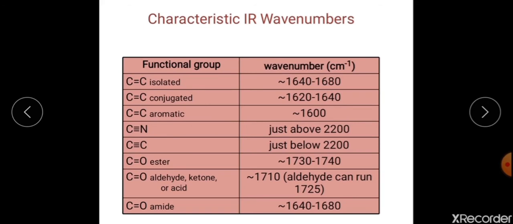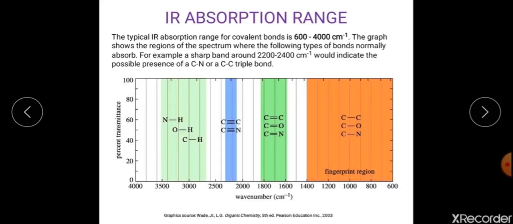Now, particularly we are concerned with this IR absorption range. This is the IR absorption range, and this will tell you about different functional groups and other groups that absorb in this particular region. For example, this is called the fingerprint region, in which different types of vibrations will happen.